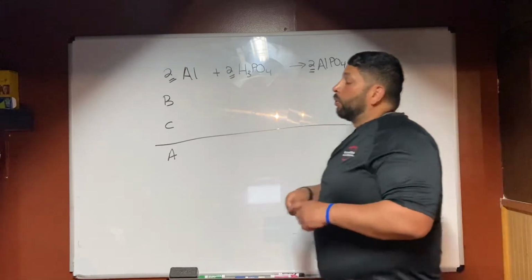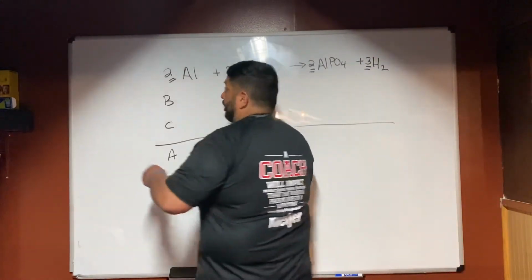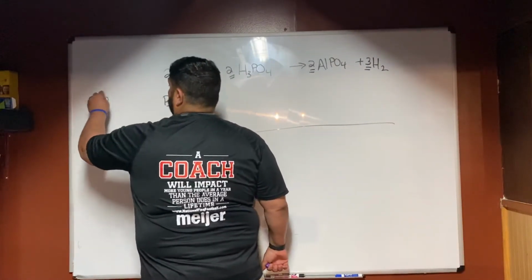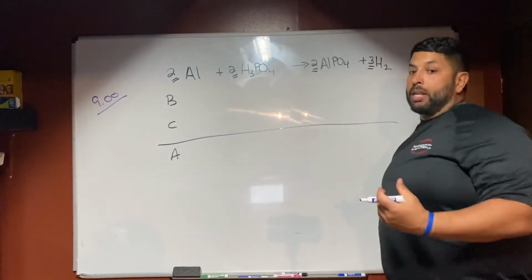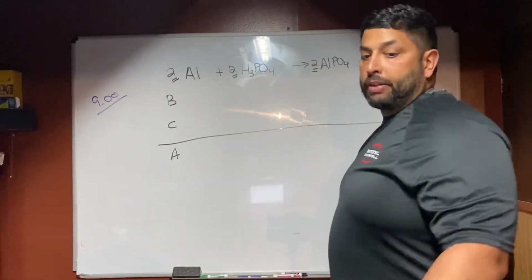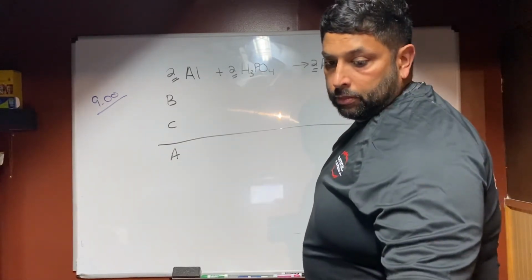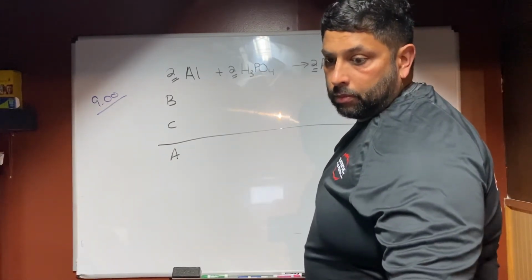Moles. So what I do, and it's okay if you do this, you take 9.00 and divide by the molar mass of aluminum, because we're going from grams into moles.